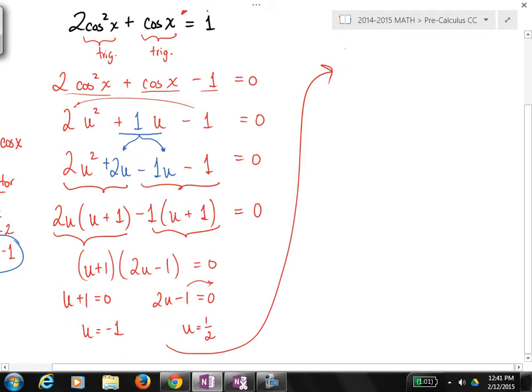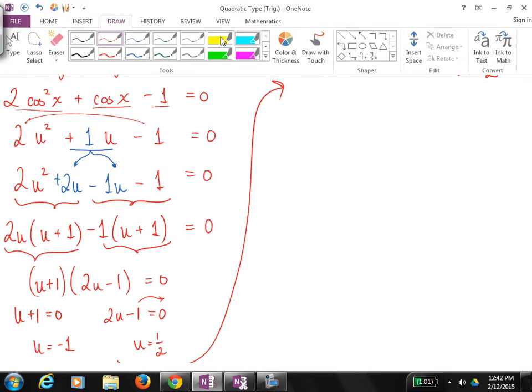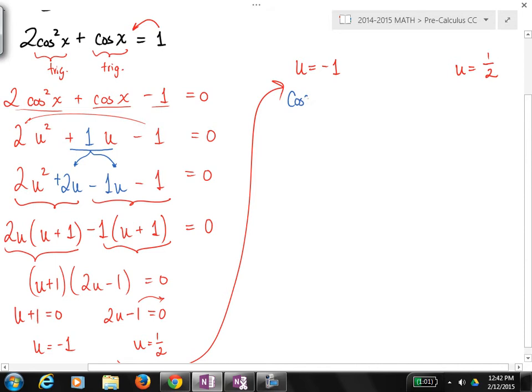Are we solving for u or are we solving for x? So I'm going to move over here and say now these two right here. What did we let u be? Cosine of x. So cosine of x is equivalent to negative 1, and cosine of x is equivalent to 1 half.